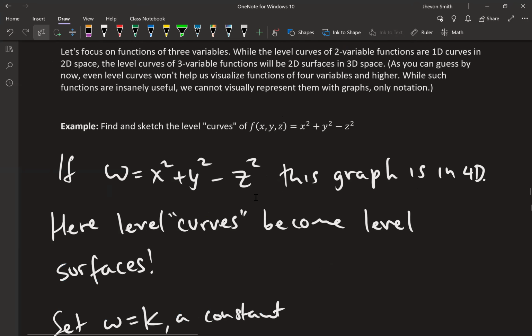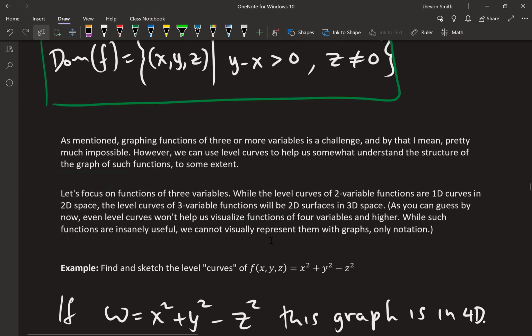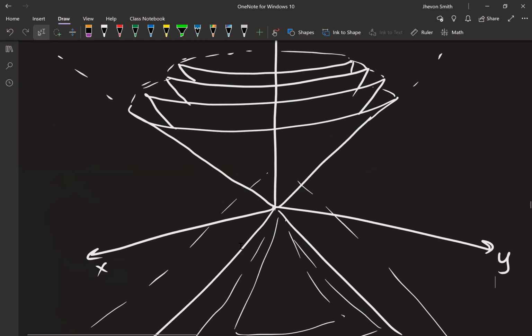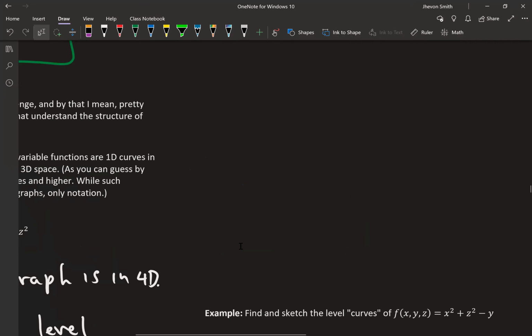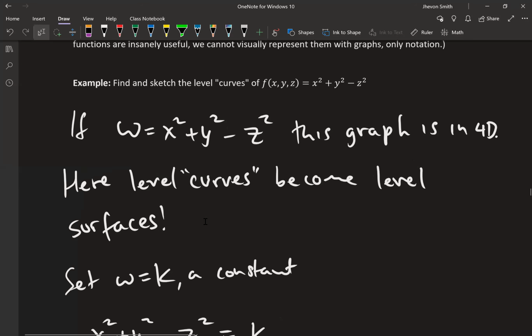Just like how we had concentric circles, which were the level curves of the thing in 3 dimensions, we have concentric cones, which is the shadow of something in 4 dimensions. It's a big mind warp, but yeah.